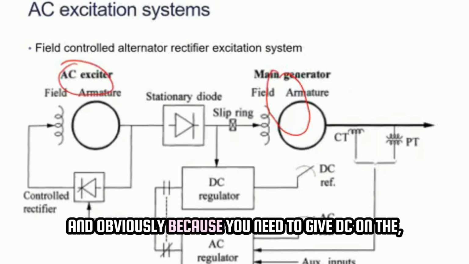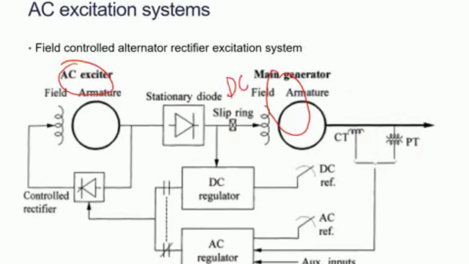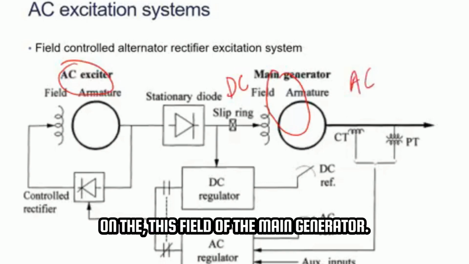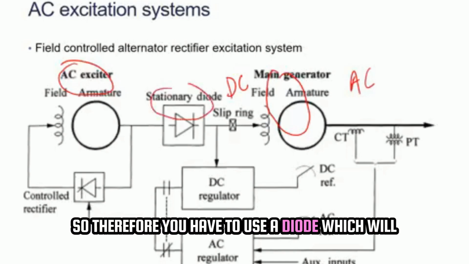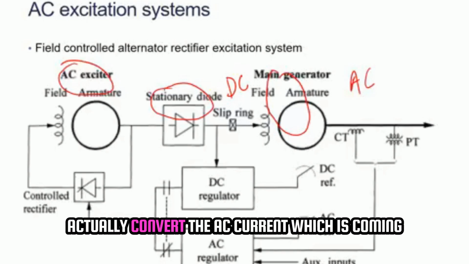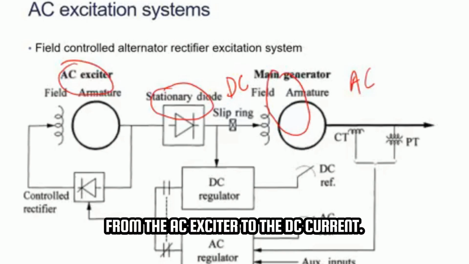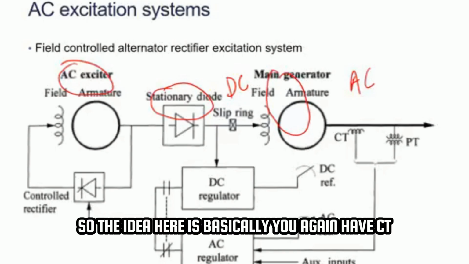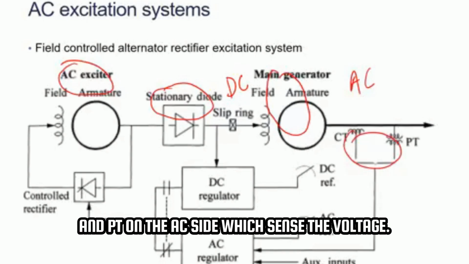Obviously, because you need to give DC on the field of the main generator, you have to use a diode which will convert the AC current coming from the AC exciter to DC current. Right. So the idea here is you again have CT and PT on the AC side.